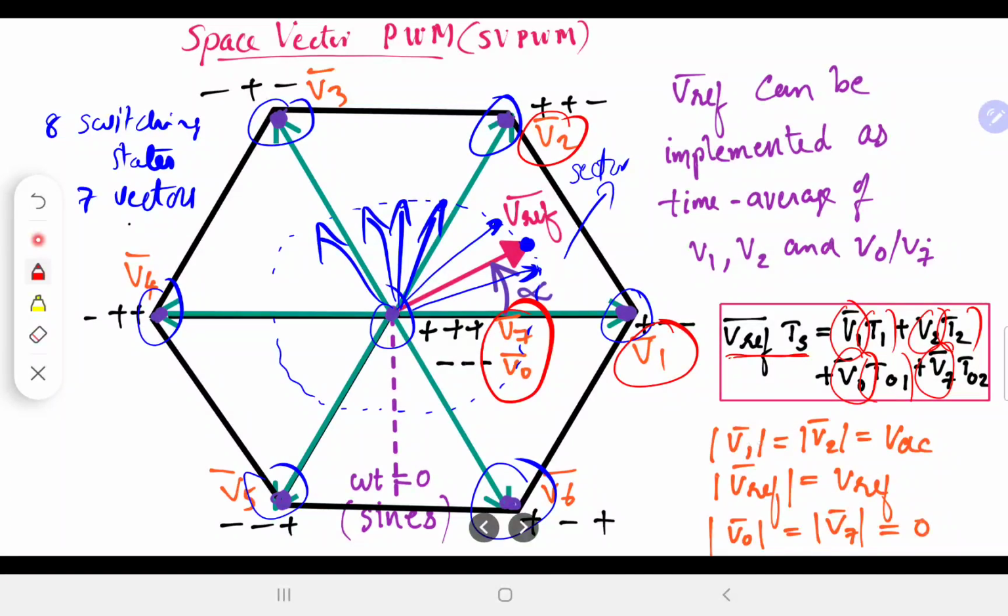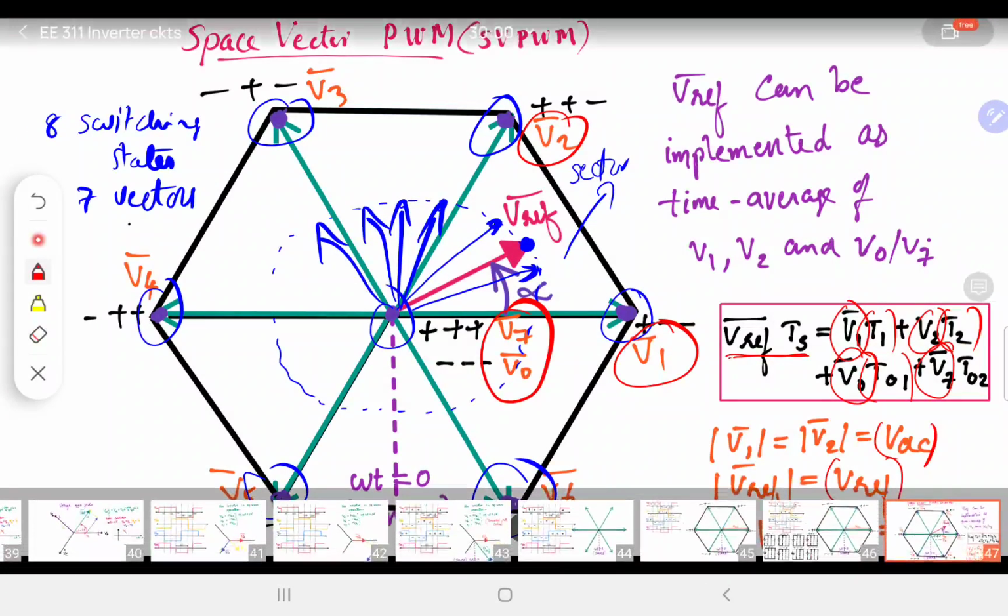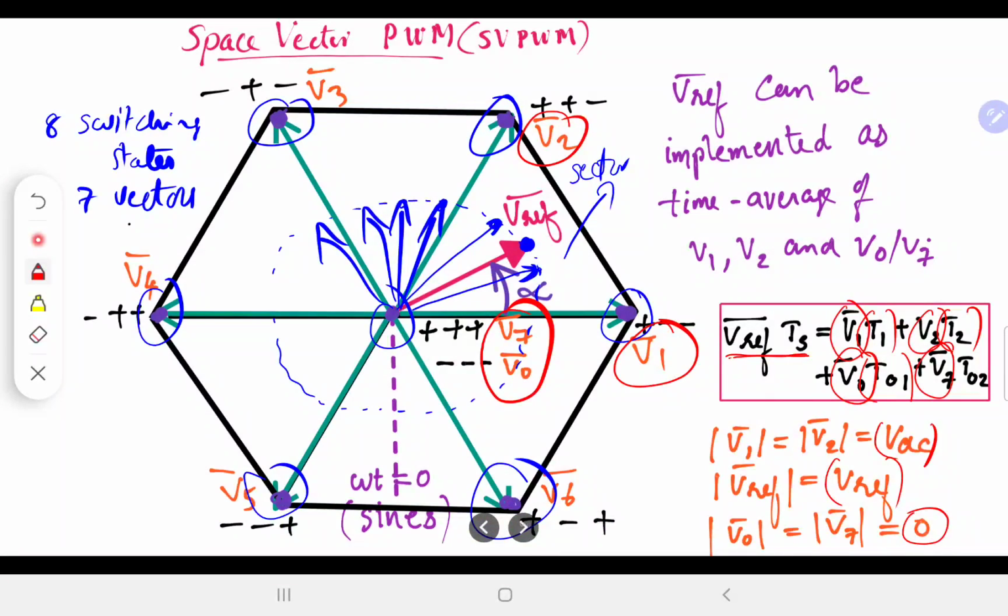Now the mod of v1, mod of v2, etc., all are Vdc, which we already mentioned. Similarly, the mod of vref is represented by just Vref without any bar notation, and the length of v0 or v7 is 0. Okay, so it's a zero vector. It's got 0 length, which corresponds to 0 power delivery at the output.